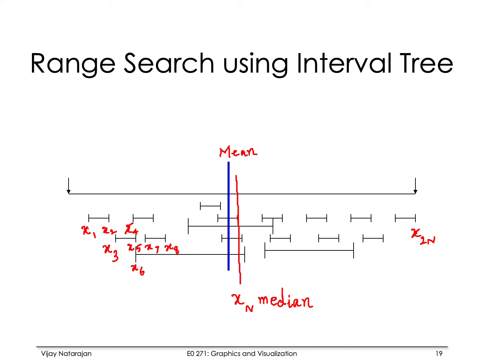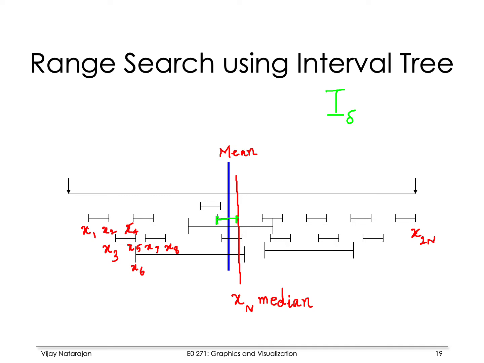And now what I want to do is to identify what is stored at this root node, I sub delta, right? So I sub delta consists of all the intervals that contain x sub n. So let's try and show them in green.